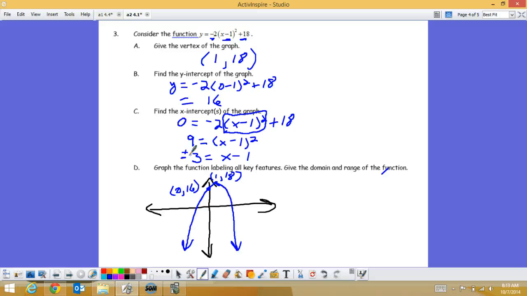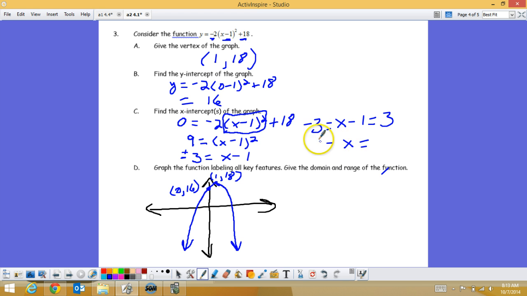So then, what we're going to do is we are going to solve for x. So if we add 1, okay, if we set it up this way, just like we did with the absolute values, we're going to add 1 to everything.